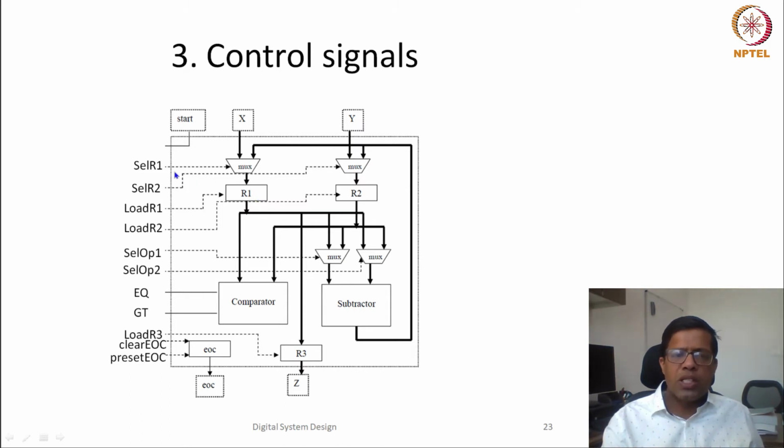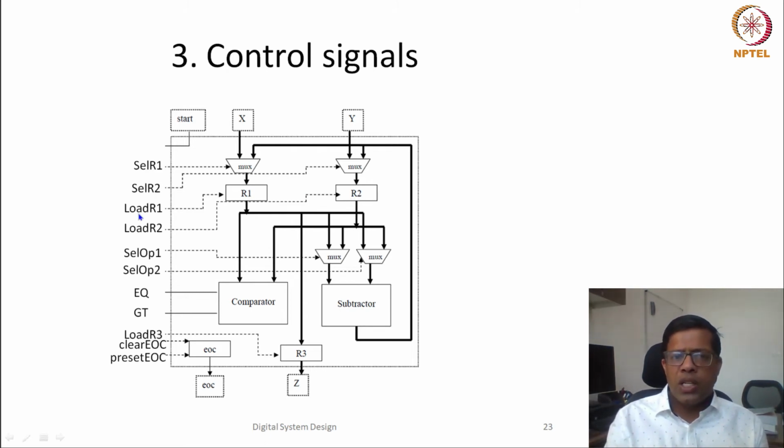Let's consider that select R1 is a signal which is required to be generated for this mux, and similarly select R2 is generated for this particular mux, which decides whether Y is selected or whether the output of the subtractor is selected. Based on the control signals select R1 and select R2, the values would be written to R1 and R2.